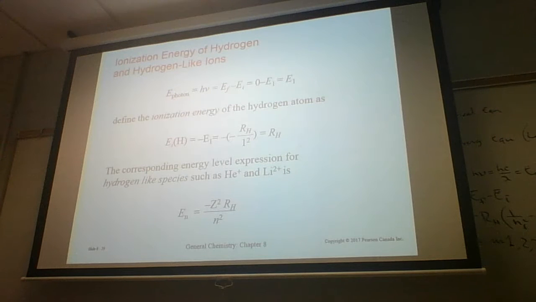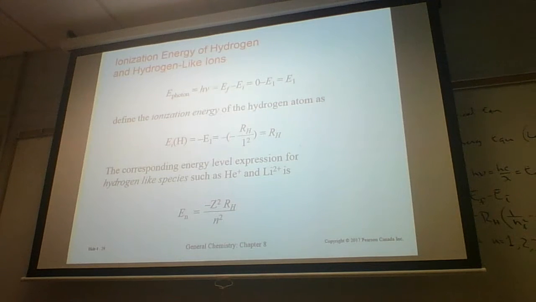So it failed for helium, but it was a success for He+, which is one electron. It failed for lithium, but it was a success for lithium 2+. It failed for beryllium, but it was a success for beryllium 3+. So anything with more than one electron, the Bohr failed.